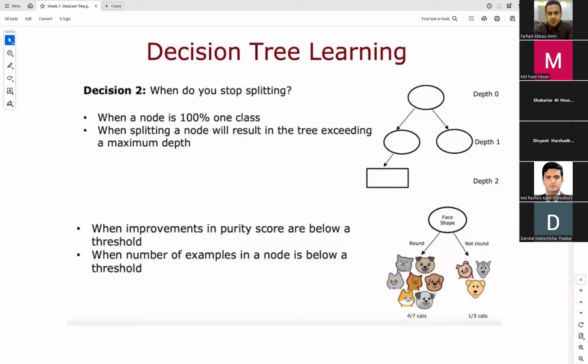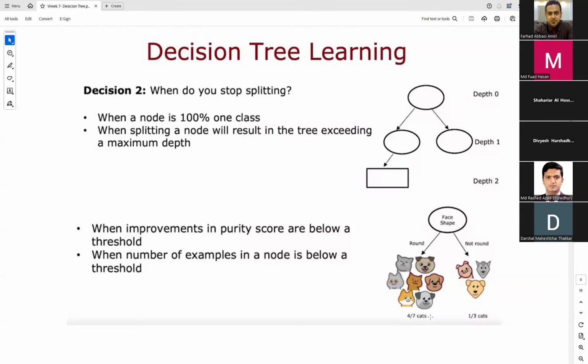Maybe someone says this is a good accuracy. Maybe this accuracy is enough for me.